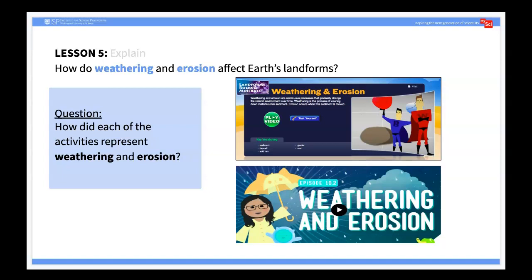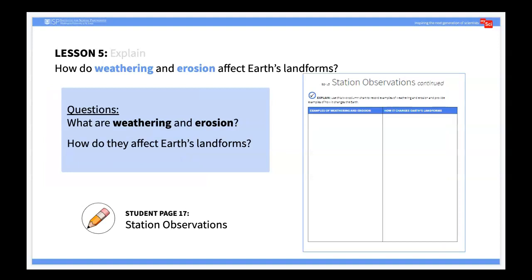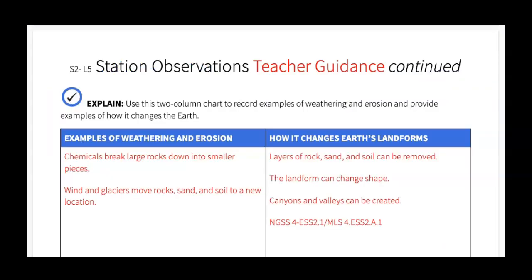In the Explain portion of this lesson, students will obtain information from video resources about weathering and erosion and how these processes affect Earth's landforms. Students will record their ideas in their student journal. They should recognize that weathering is the breakdown of rocks and other parts of the geosphere. Erosion is the movement of weathered material by natural forces.